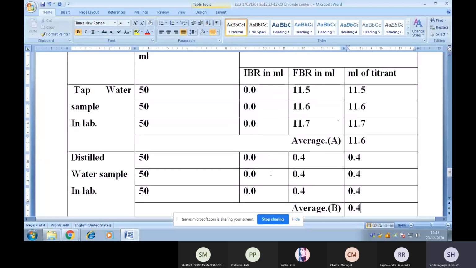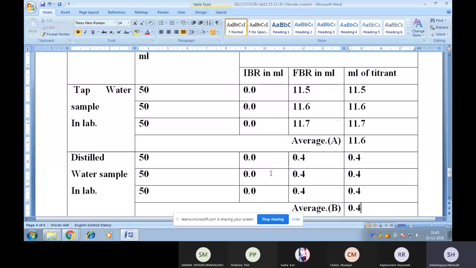So you can write down the result like this: the chloride content of the given water sample is 111.17 mg per liter.